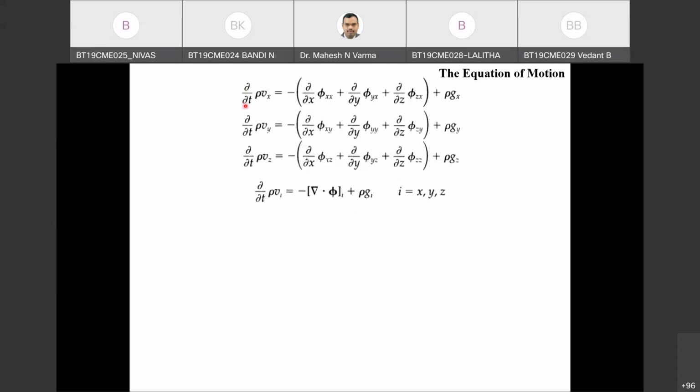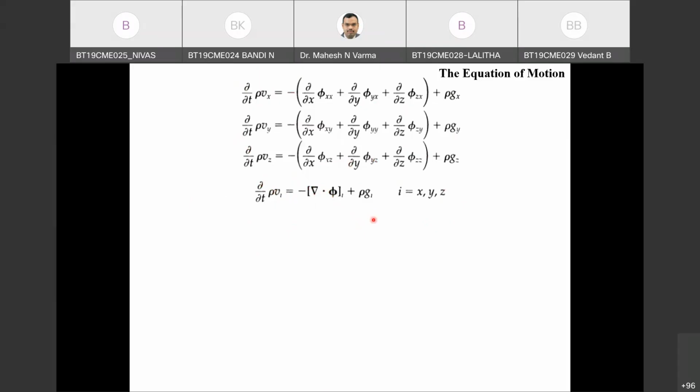So you can get back all three equations if you remember the definition of del and how del dot is operated. This is the importance of mathematics. You can write a larger equation in compact form, easy to remember and easy to handle mathematically.